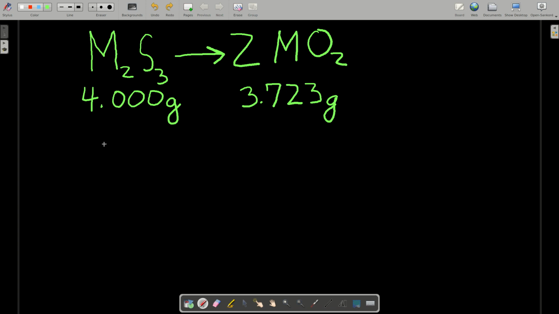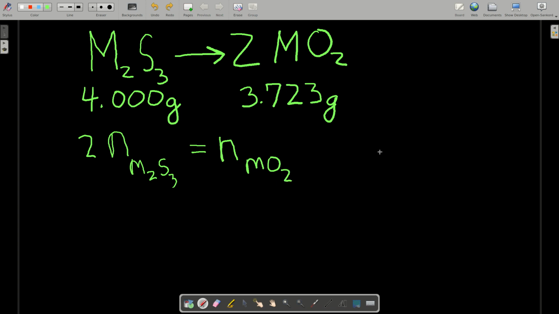Let's do it this way. N stands for moles. The number of moles of M2S3 that we have, multiplied by 2, will be the moles of the MO2 that we make.